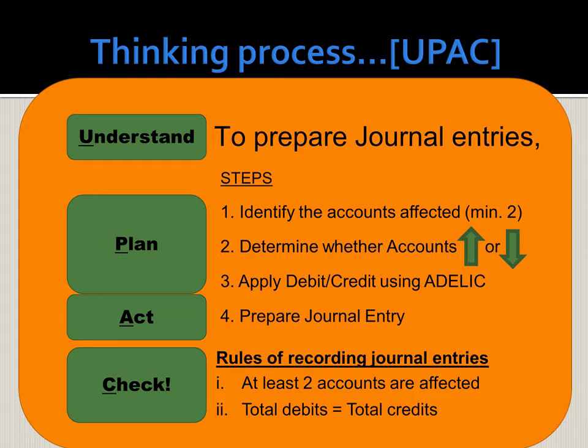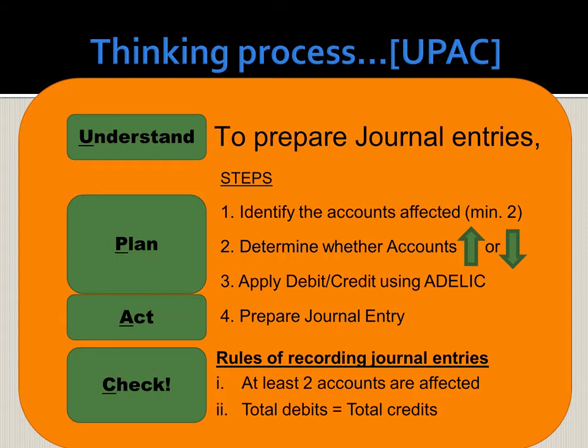We can make use of the UPAC method to help us prepare journal entries. The steps are as follows. Firstly, we will identify the accounts affected in the transaction. Next, we will analyze whether those accounts increase or decrease.